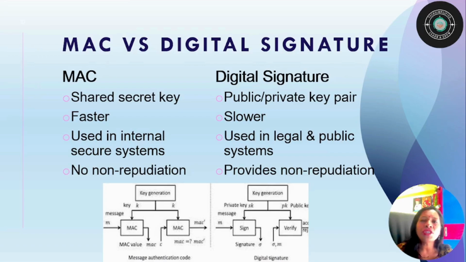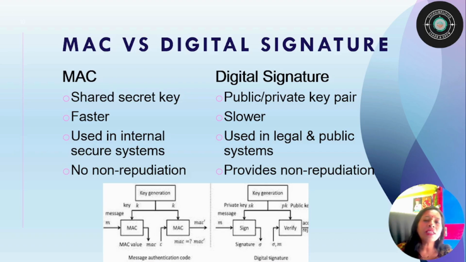Now let's differentiate MAC and digital signature. As we already know, MAC uses a shared secret key. It is faster compared to the digital signature because it uses symmetric key cryptography, and it is used in internal secure systems, but it doesn't provide non-repudiation services.